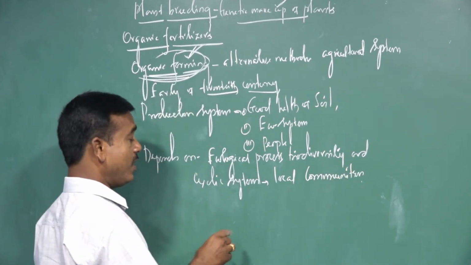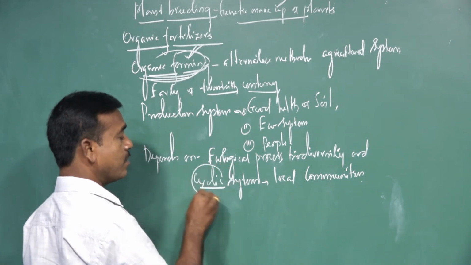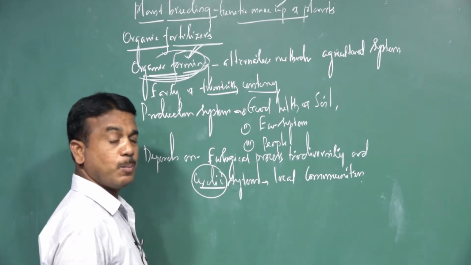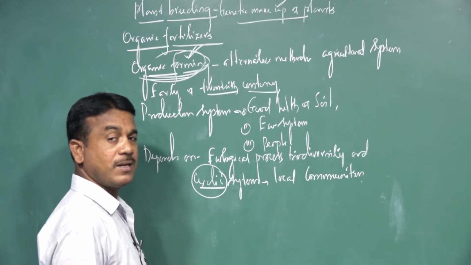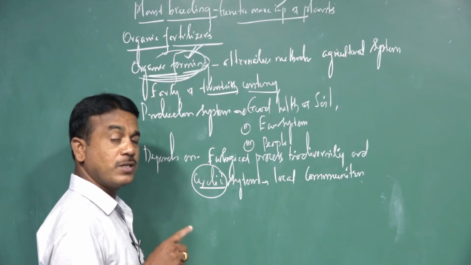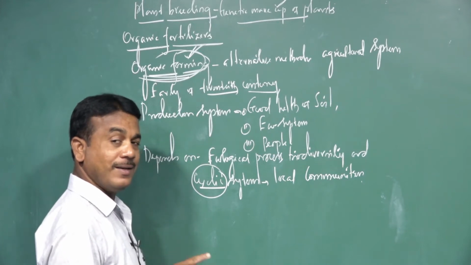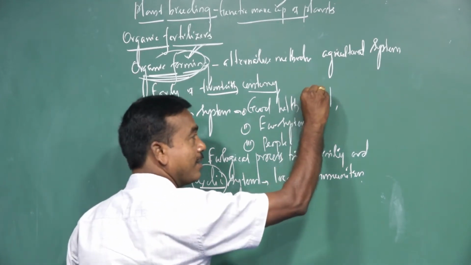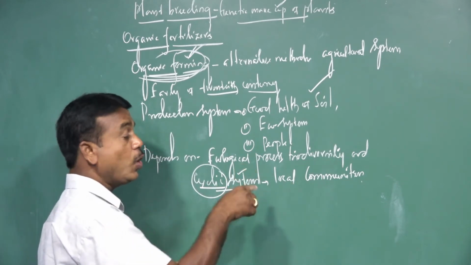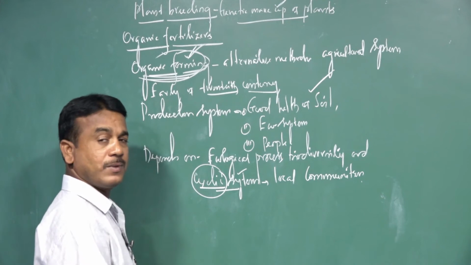Why do we call it a cyclic system? Because so many kinds of cycles are available. You know the phosphorus cycle, carbon cycle, nitrogen cycle. If the cyclic way is followed, the soil is always in good health. That is the cyclic system in the local community, in the local system.